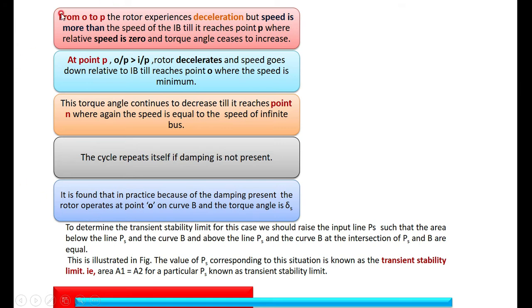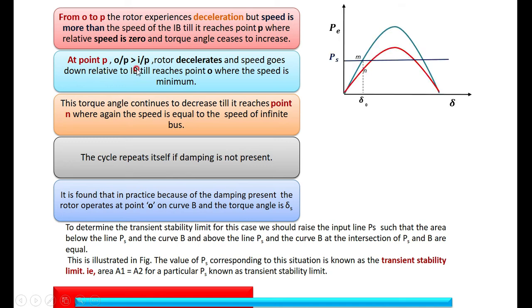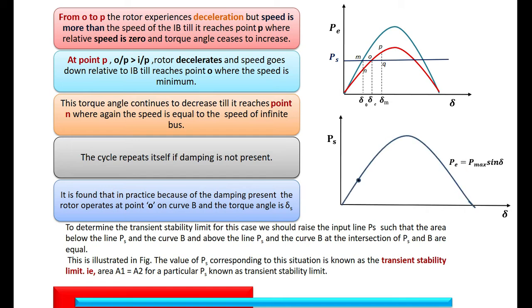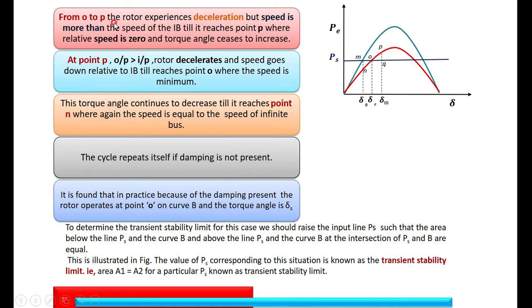The same thing is explained here, from O to P. I will show you the curves once again. From O to P, the rotor experiences deceleration.